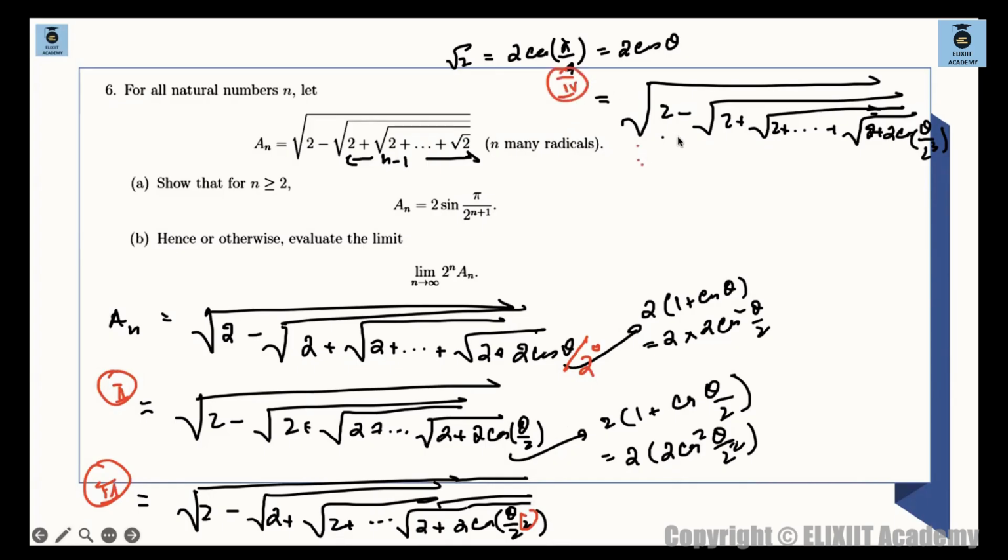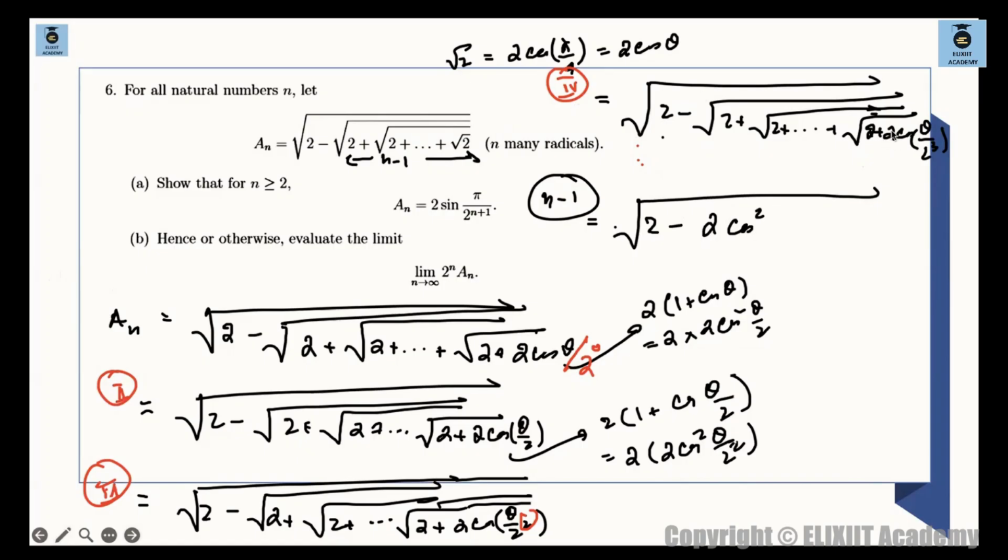So in general, if we extend this to n minus 1 radicals over here, because we are simplifying this much portion, what will be the n minus 1th step over here? For the n minus 1th step, this quantity will reduce itself to how much?